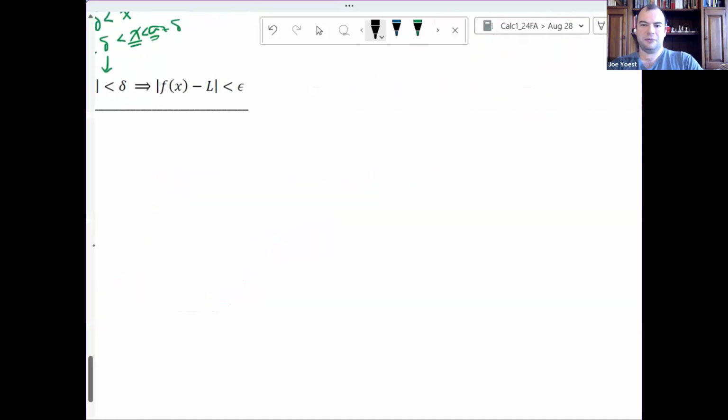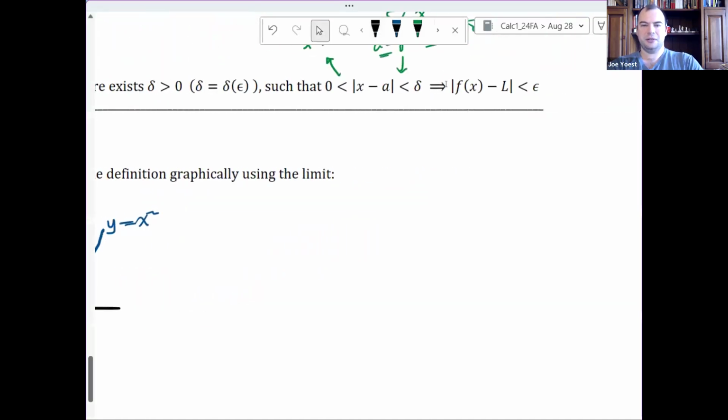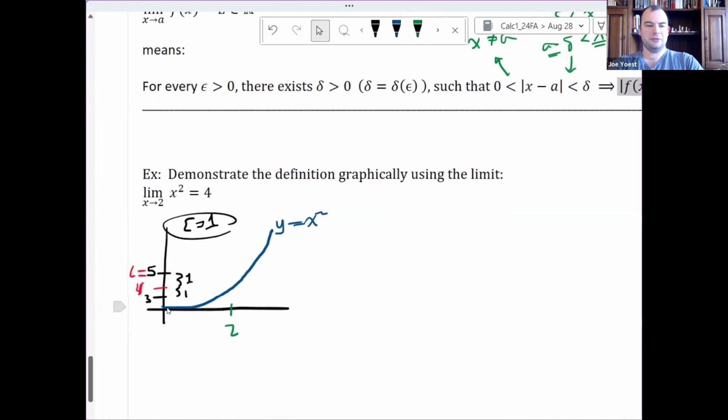So if my desire is to stay within 1 unit of L of 4 for any output of my function, f, how do I have to restrict my inputs? Well, I follow this over to my function, down to my input space, and I see that the output of 3 is related to the input square root of 3, right?